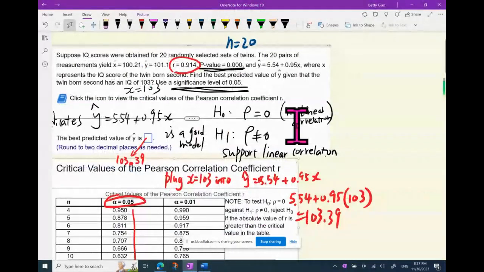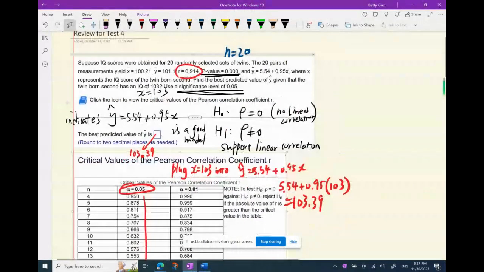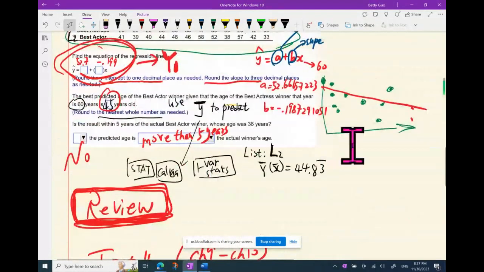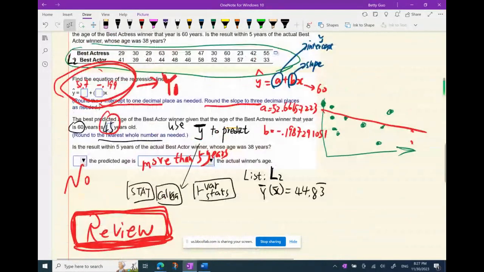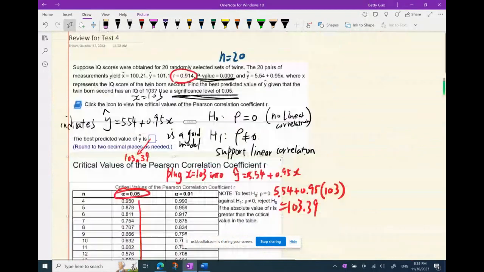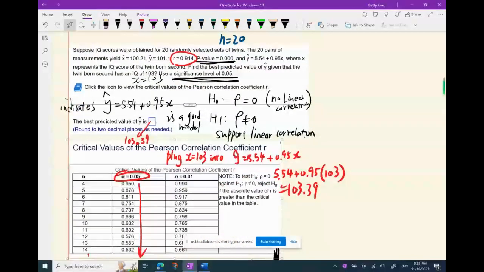Also, earlier in the last question we learned how to predict when the regression line is not a good model. We use y bar, right? And in the first question, when all the information strongly signals the regression line is a good model, then of course we use the regression line to predict.